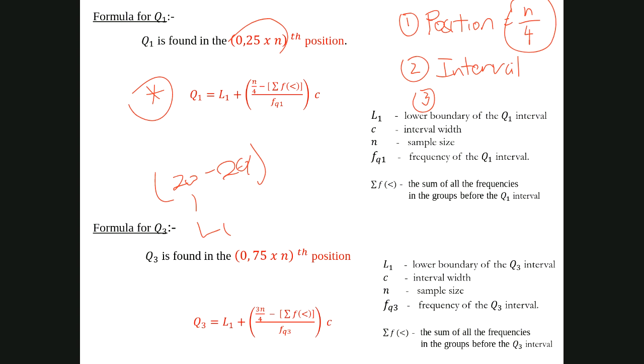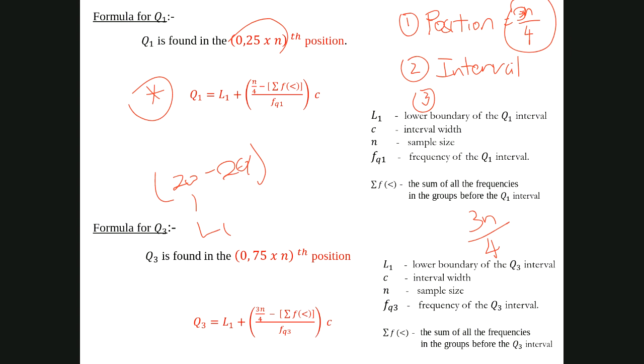So I am going to do an example in a minute, but I just want to take you through the formula first of the upper quartile or the third quartile. So exact same three steps, position first. Here the position is calculated as 3n over 4. And as you can see, the difference between this and ungrouped data is there's no 1 added.